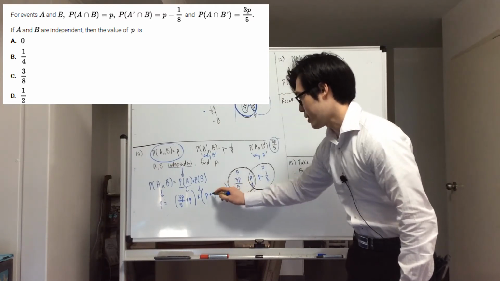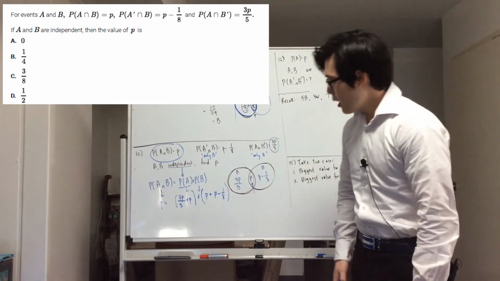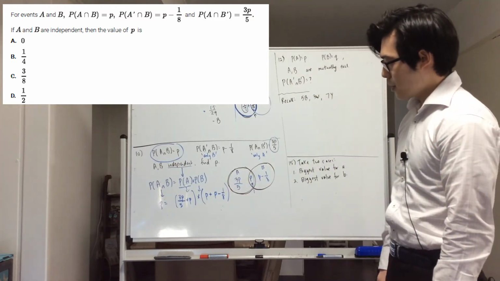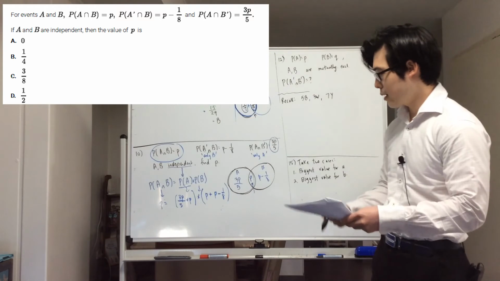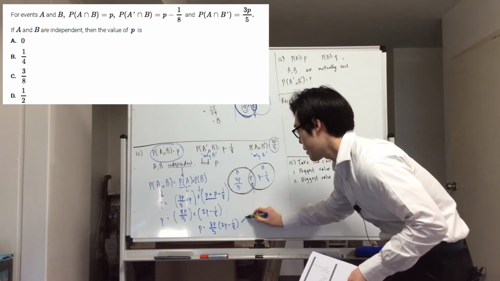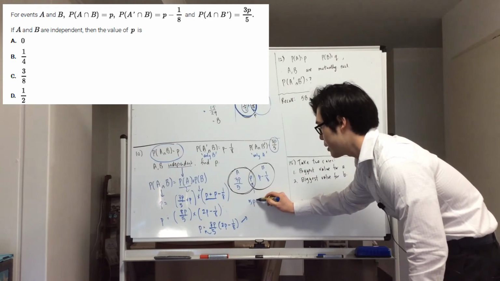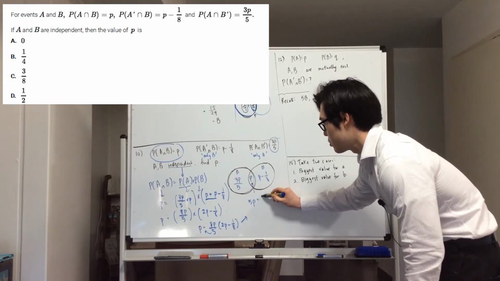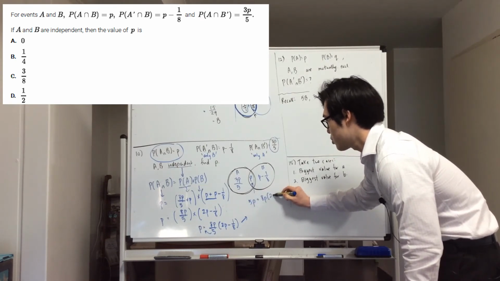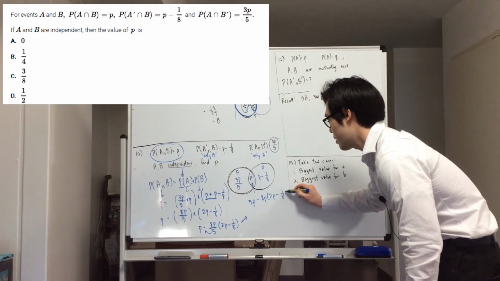I don't have to put in a bracket because the minus takes over that. As you can see, we've got quite a long expression to work with. Bring the 5 to the other side. That's 5P is equal to 8P, 2P minus 1 over 8.